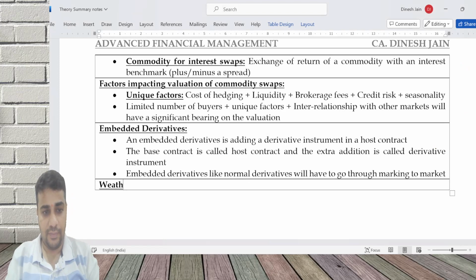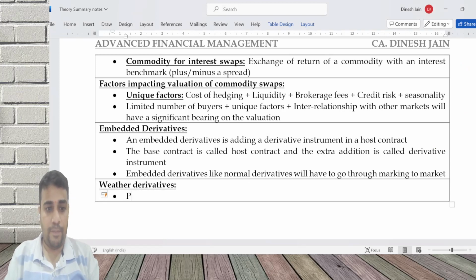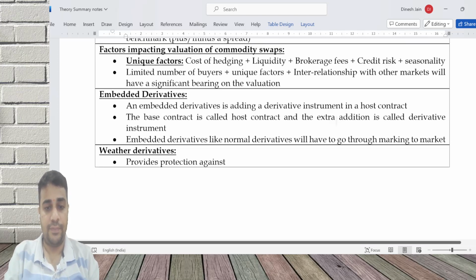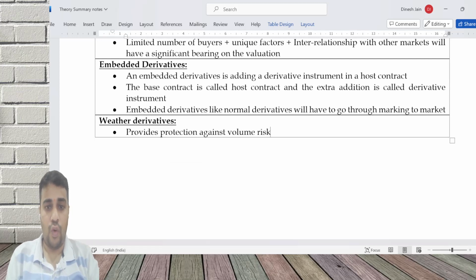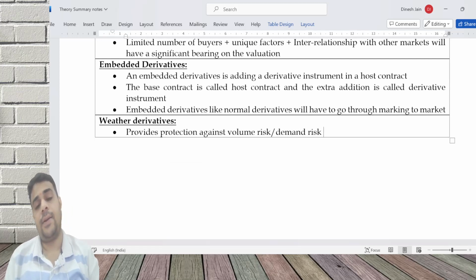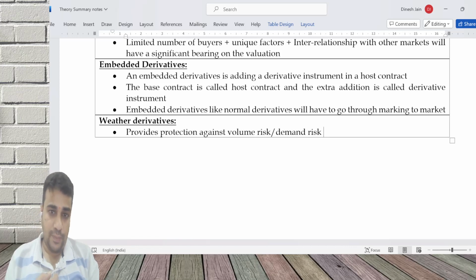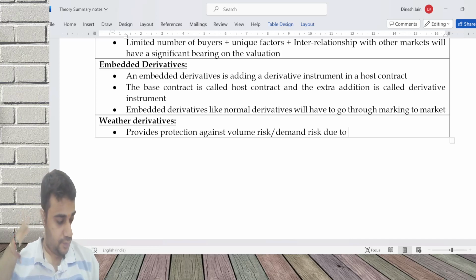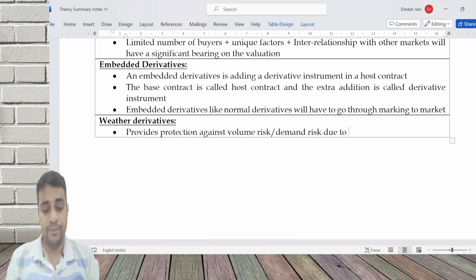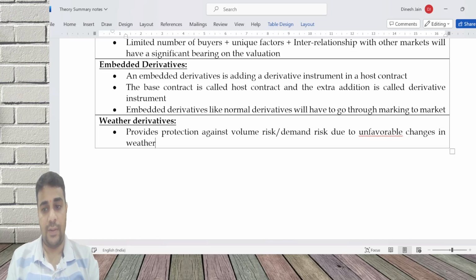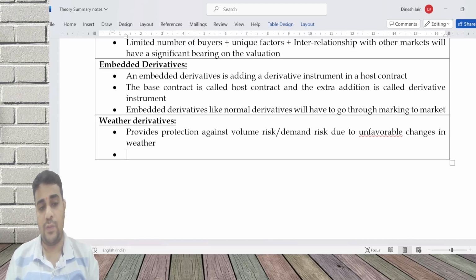Weather derivatives provide protection against volume risk or demand risk due to unfavorable changes in weather.